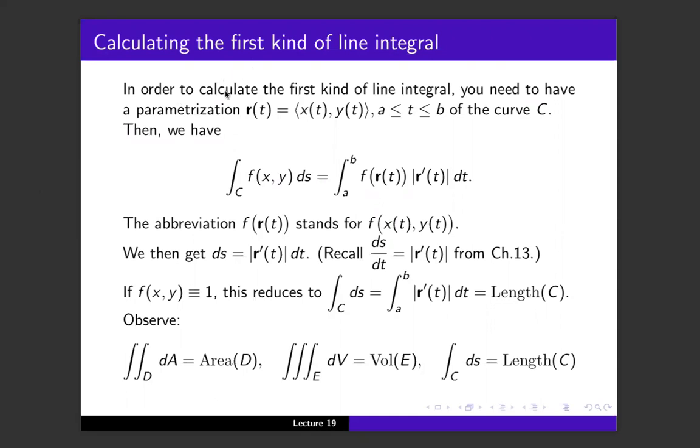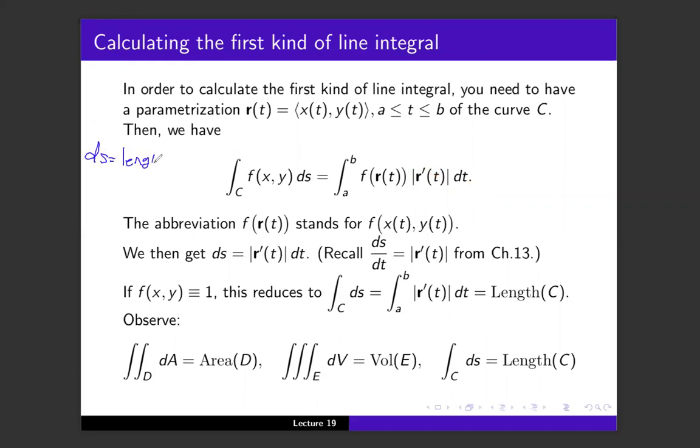Meanwhile, that answers what f(r(t)) is. What about this sort of mysterious r'(t) object in front of the dt? Why are we saying this is |r'(t)| dt? Well, that's coming from the fact that ds is |r'(t)| dt. Just to remind everyone, ds, that's length, right?